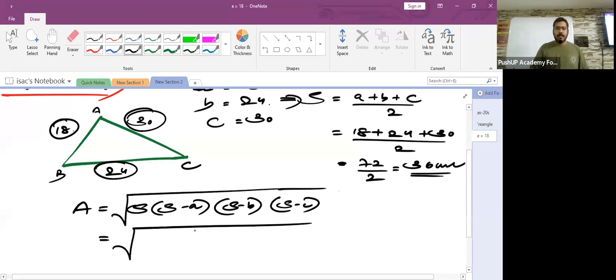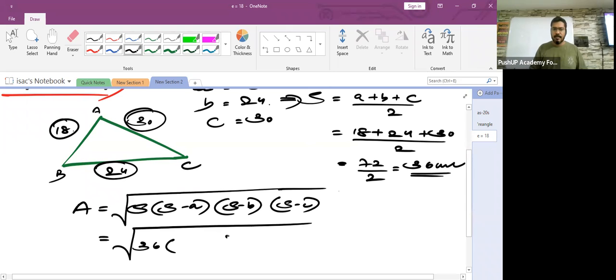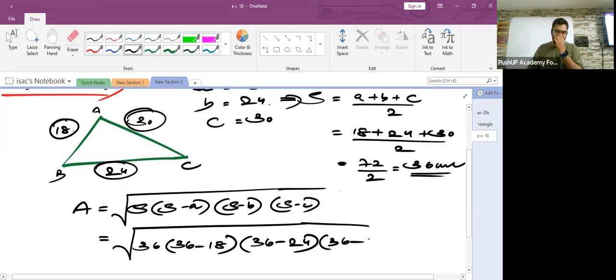Yeah. Let's substitute the values into it. Online students, start doing it. s is 36, into s minus a, that is 36 minus 18, into s minus b, which is 36 minus 24, into s minus c, that is 36 minus 30.